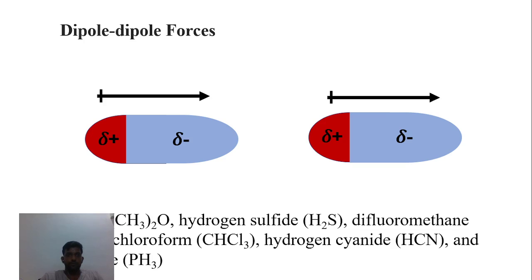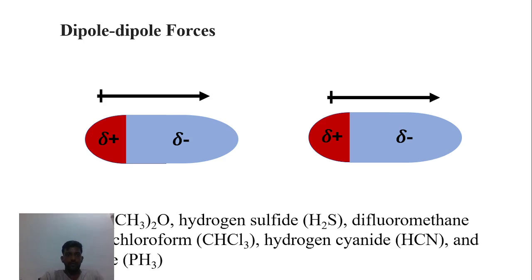So now the first example is dipole-dipole forces. Dipole-dipole forces arise when there is a charge separation, or a permanent dipole moment. As you have learned in your 12th standard or 10th standard, or in graduation or masters also, molecules like water and acetone have a permanent dipole moment.